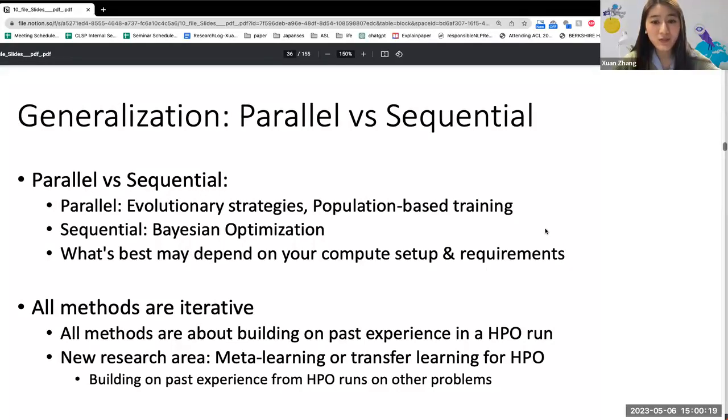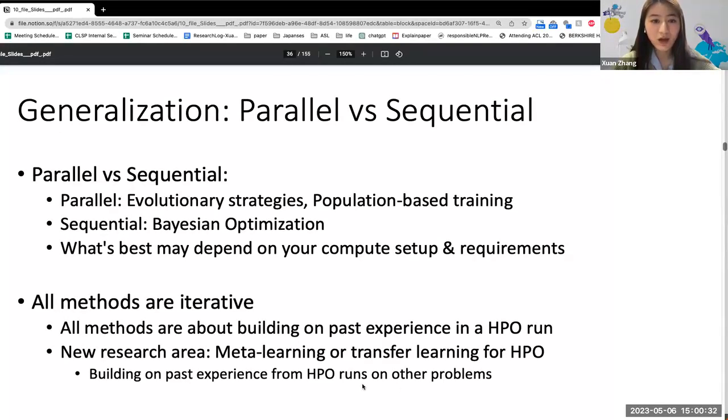All these methods operate iteratively and build upon past experiences during an HPO run. There's also a growing research area, which Kevin just mentioned, meta learning or transfer learning for HPO. This area focuses on determining how past HPO experiences on one problem, domain, or data set can be applied to a new HPO problem.